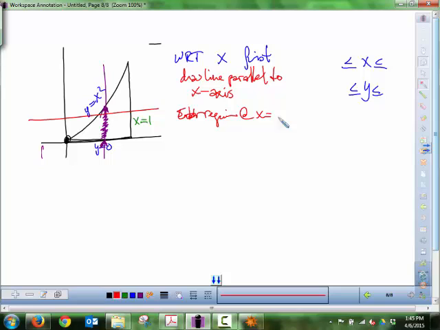And then you enter the region at some x equals function. So let's see. Drawing the line parallel to the x-axis. Oh, here's where I enter the region. Right here. What is this function? This function is y is equal to x squared, but I need x by itself. So x is equal to the square root of y.